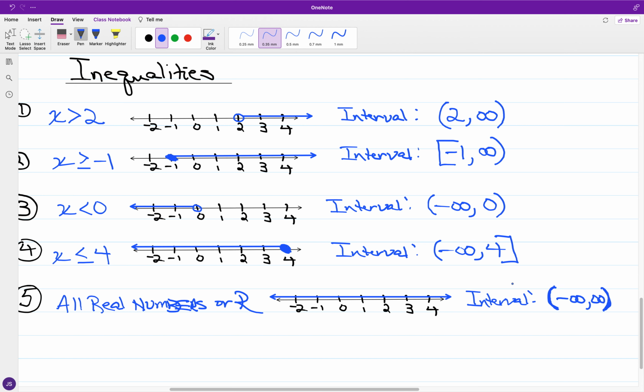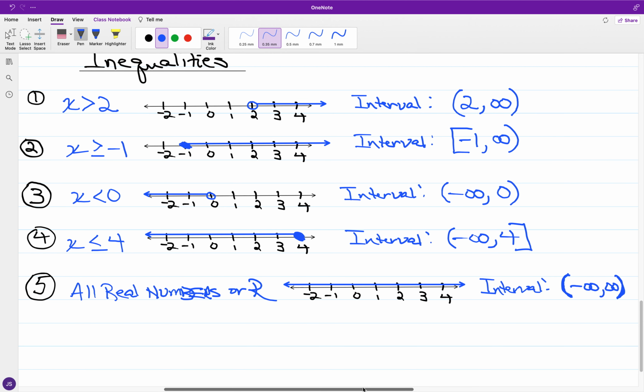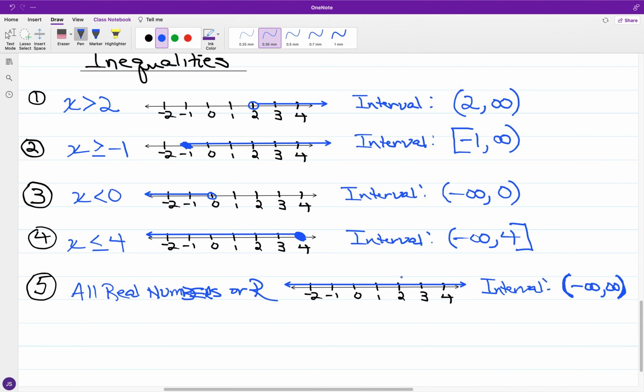And so far we've had infinities involved. And one might ask, could there be such a thing as an inequality where the interval notation will not have negative or positive infinity?